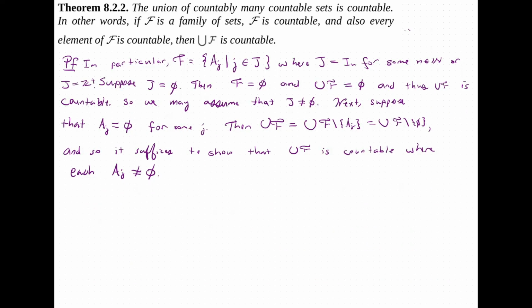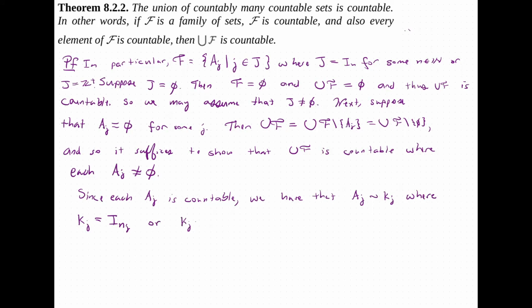Now, let us continue. We know that every A sub j is countable, and so since each A sub j is countable, we have that A sub j is equinumerous to K sub j, where K sub j is equal to I sub n sub j, or K sub j is equal to the positive integers.